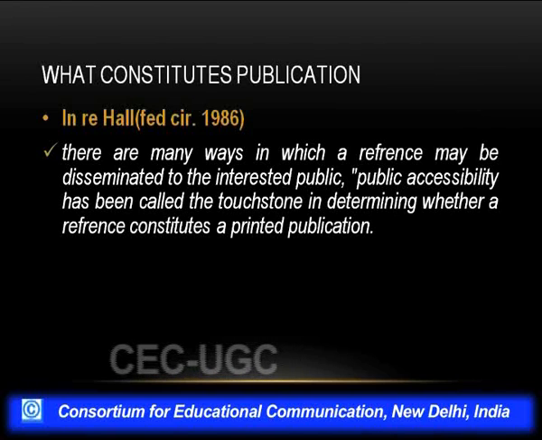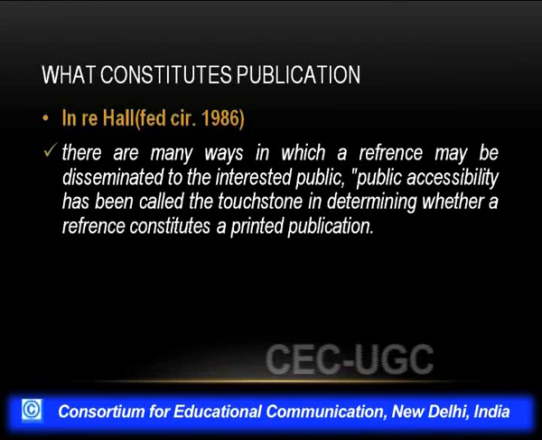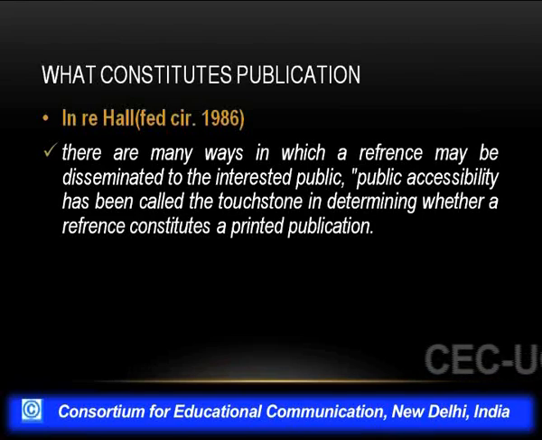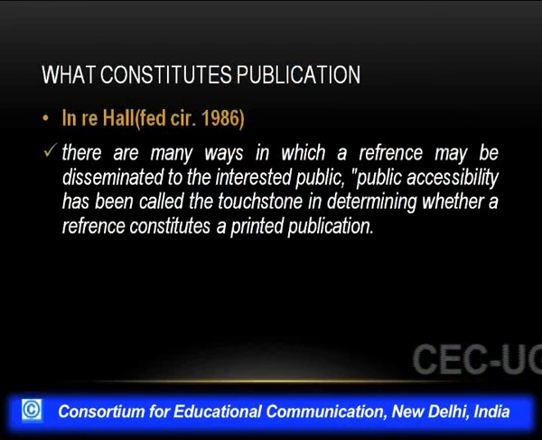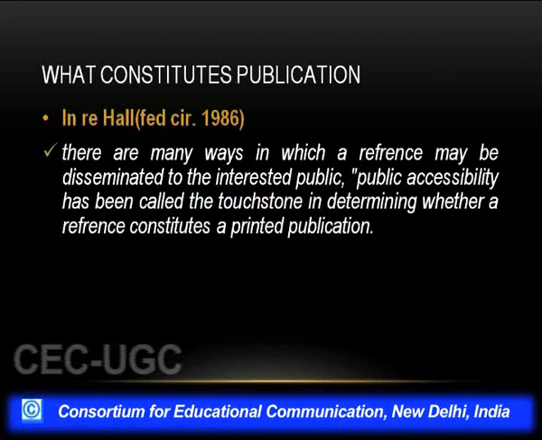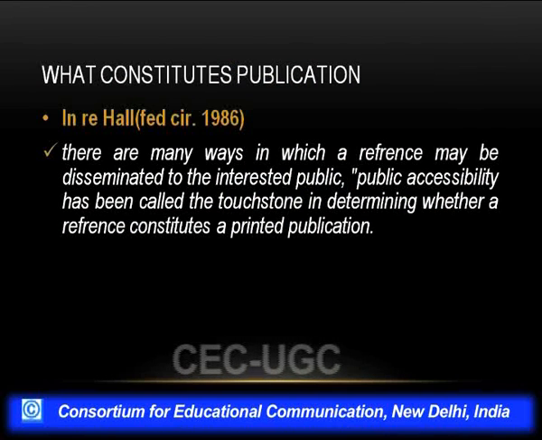Something which has not been made accessible to the public, this question must arise in the mind of the person. As we have seen the meaning of the word anticipation, anticipation means making the public know about that work, or letting the public know about that work. Here in this case law, In Re Hall, the Circuit Court says that public accessibility is the touchstone in determining whether the reference constitutes publication.